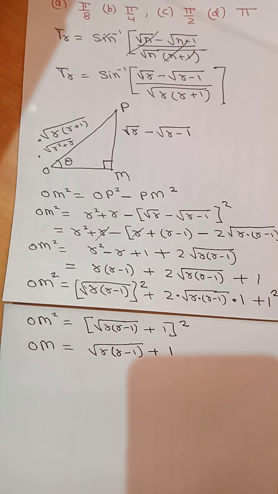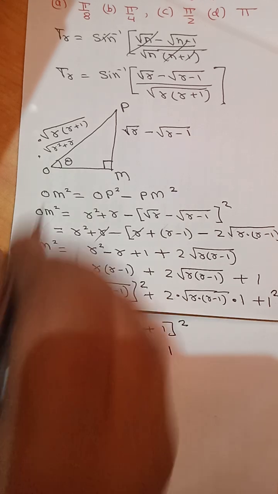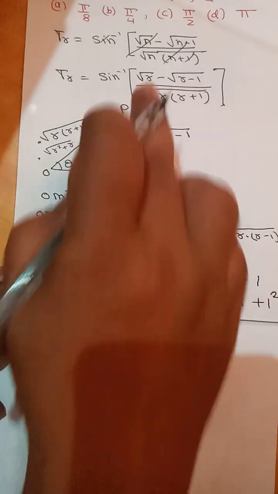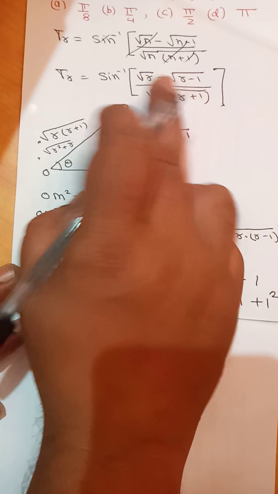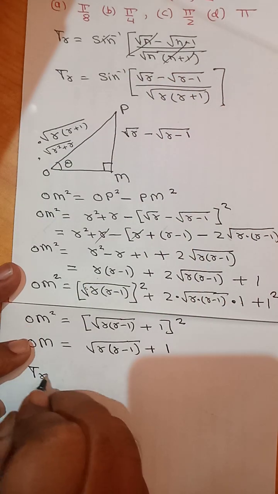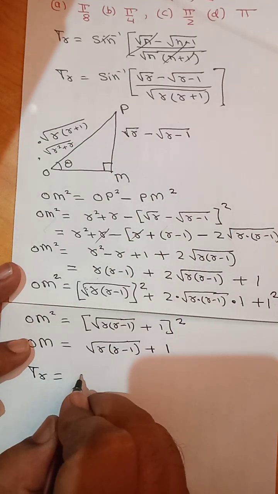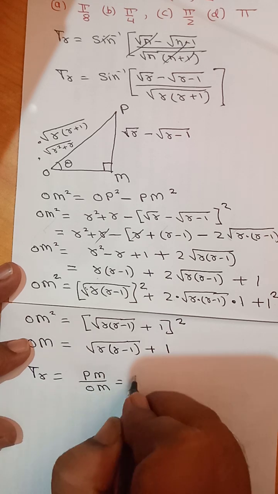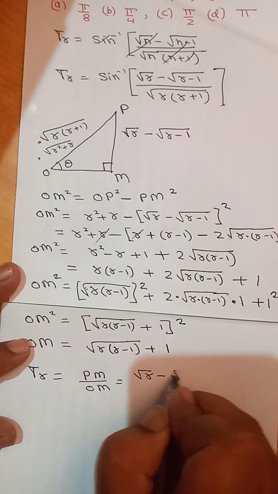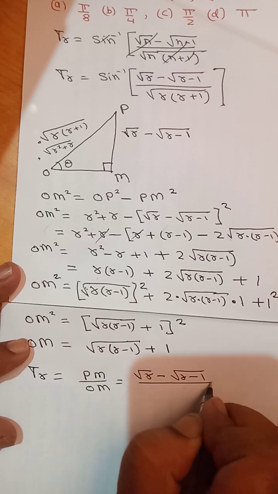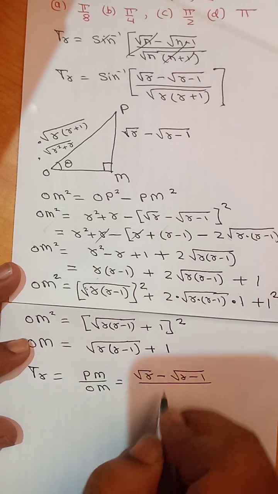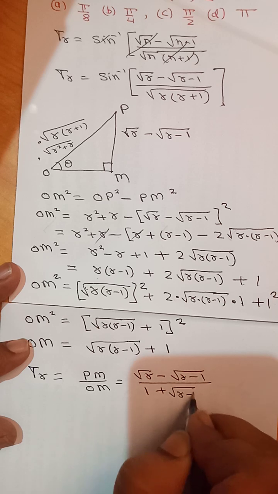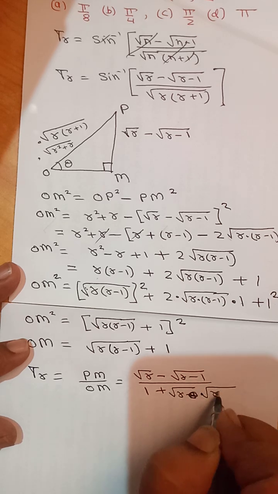Now in the general term T, here we have written sine. I will write it in tan. In this triangle, T_R is equal to tan inverse of PM by OM. PM is equal to root R minus 1, and OM is 1 plus root R into root R minus 1.